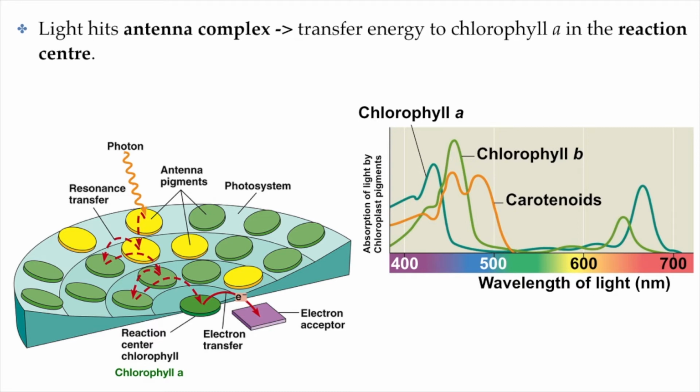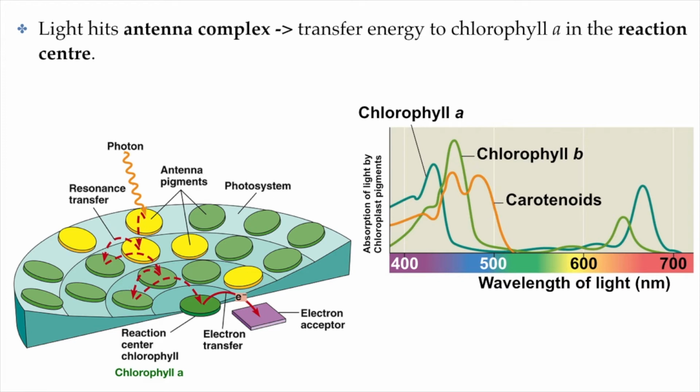In the chloroplast, we will find the pigments organized in a structure called an antenna complex. This antenna complex is actually made up of a type of chlorophyll called chlorophyll A and a bunch of another version of chlorophyll called chlorophyll B and the carotenoids. So notice in the graph that the different pigments absorb different wavelengths of light. Chlorophyll A, chlorophyll B, and the carotenoids all absorb different wavelengths of light.